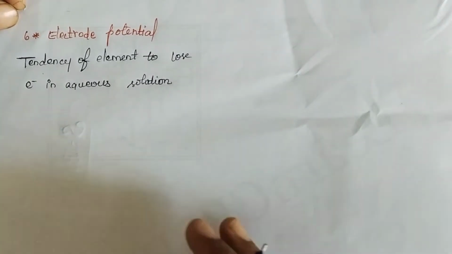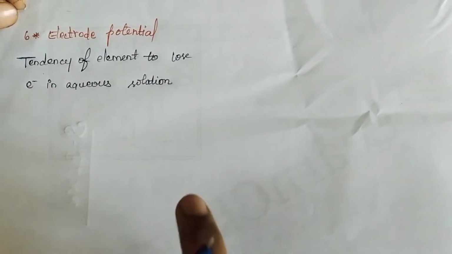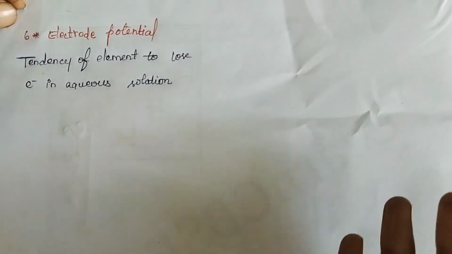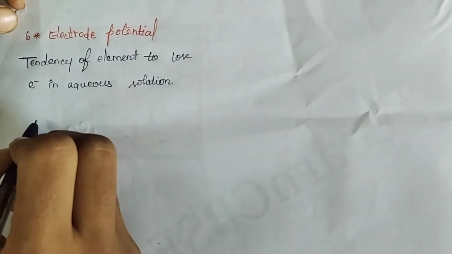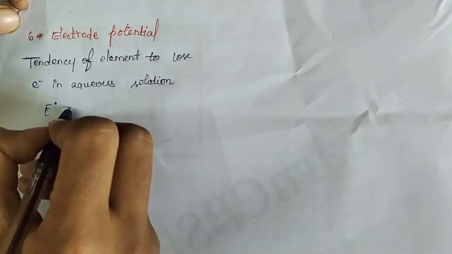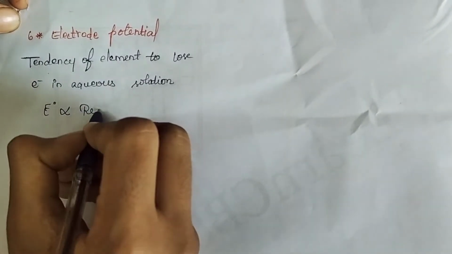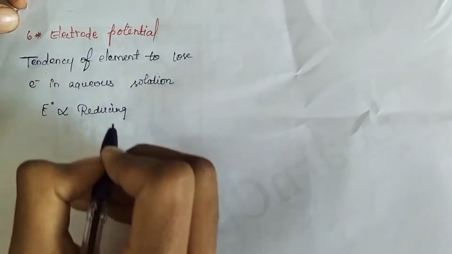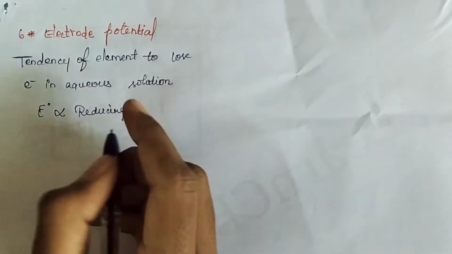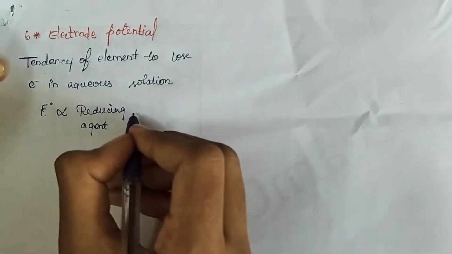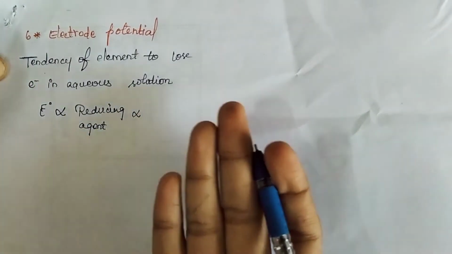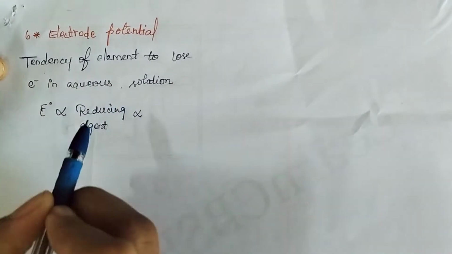It is one which undergoes oxidation, which can lose electrons. So we can write that electrode potential is directly proportional to reducing agent strength. Also you can write it as they can lose electrons in the aqueous solution. Clear?